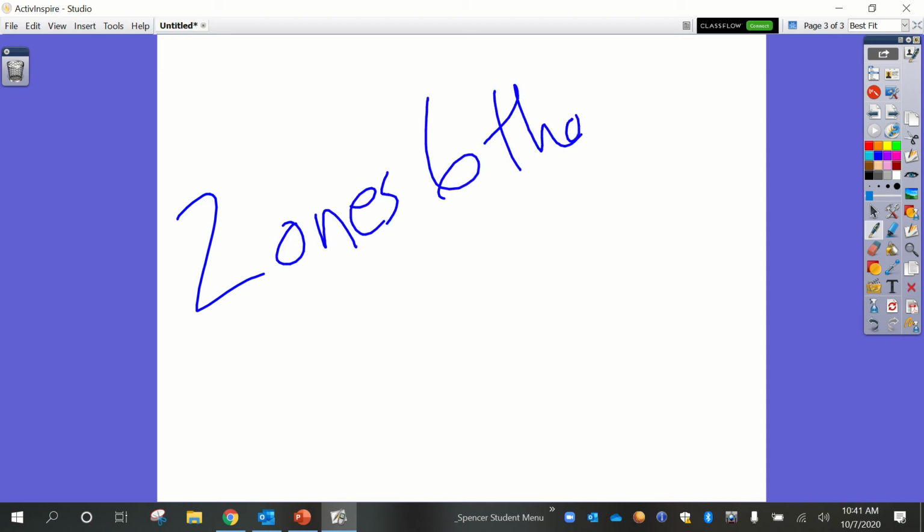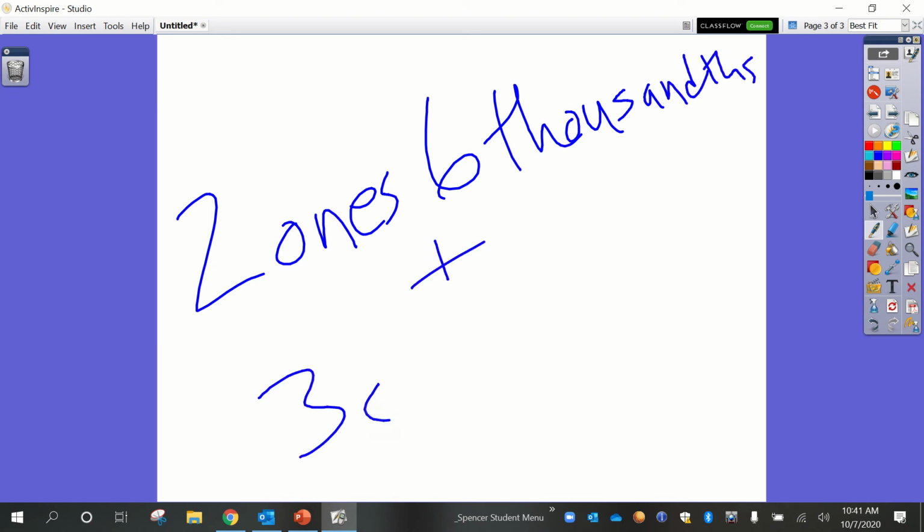So let's try it with something a little bit more involved. I'm going to use more than just one unit. So let's do 2 ones, 6 thousandths, and we're going to add that to 3 ones and 1 thousandth.